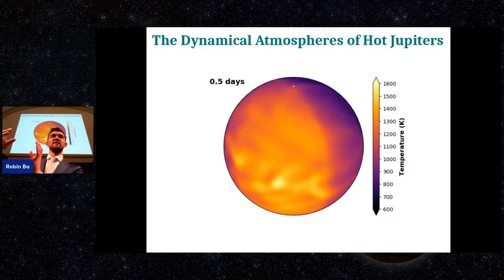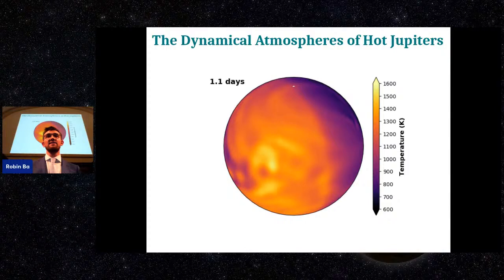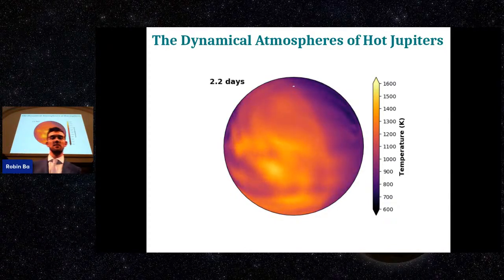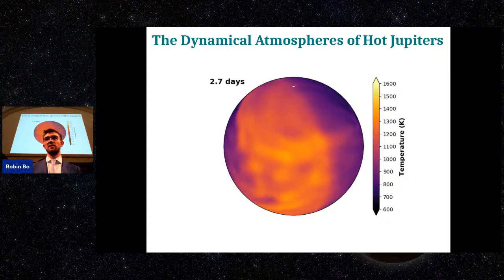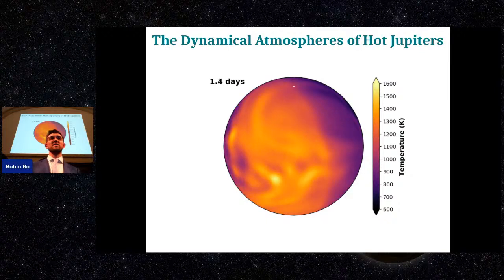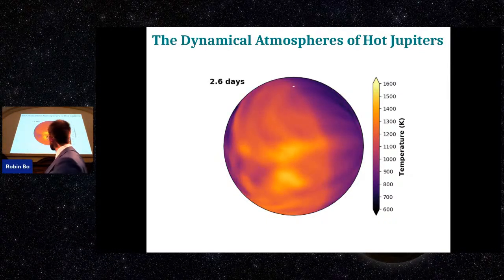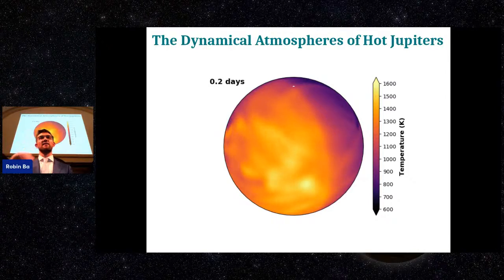On the right and slightly towards the back is the night side, where it is colder. And you can see a very dynamic wind system. So you can see in this simulation different waves that are traveling through the atmosphere. And with a little bit of imagination, you can also see this very fast equatorial jet that goes around the planet in the eastward direction.